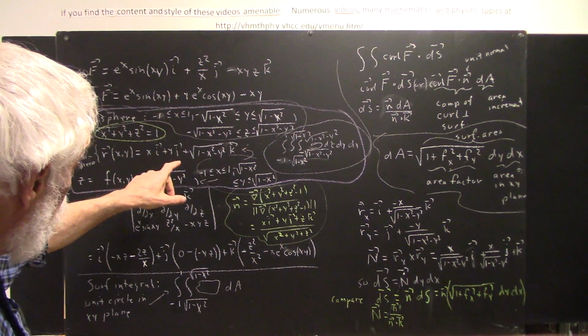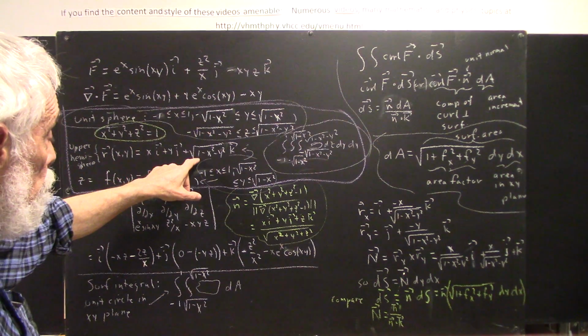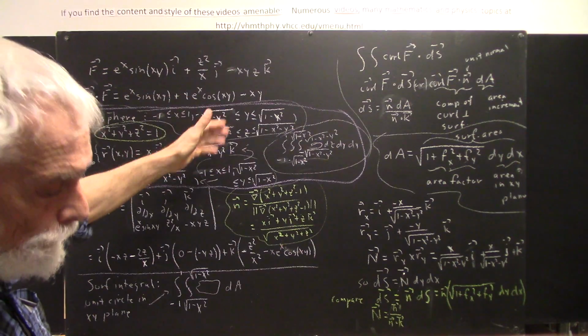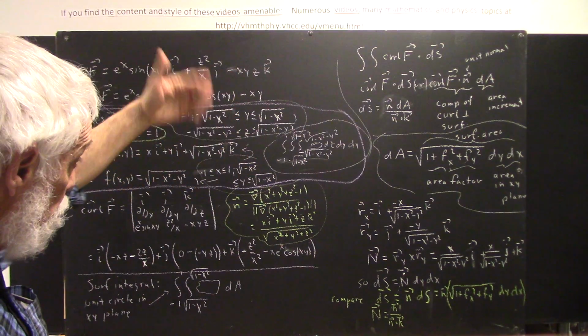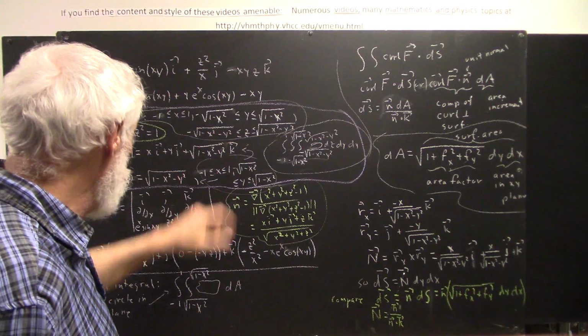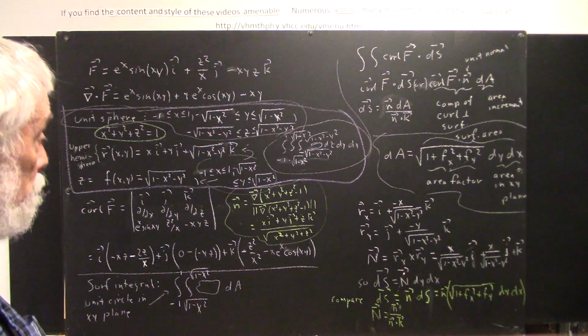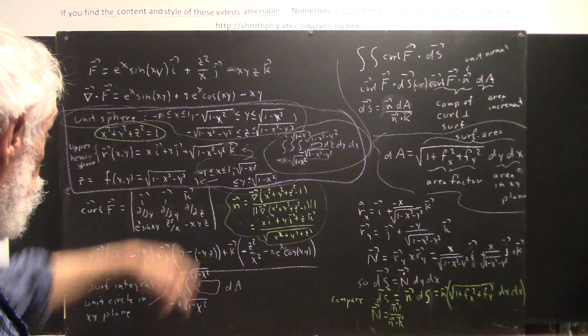So it'd be a cosine theta i plus a sine theta j, and then the square root of 1 minus a squared cosine squared plus a squared sine squared, which adds up to just a squared, so 1 minus a squared times k. And our parameters would be a and theta. Or if you want to use t instead of theta, you can do that.